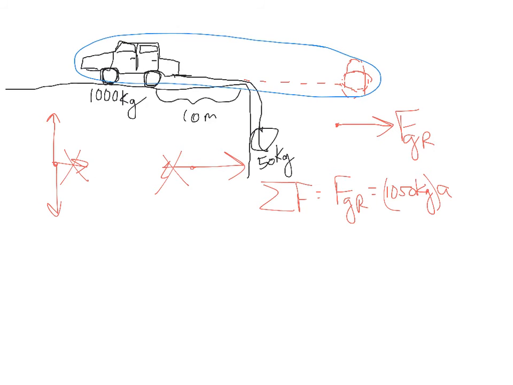Yes, it's the force of gravity on the rock, which is 500 newtons. So 500 newtons equals 1,050 kilograms times A. And A is 0.476 meters per second squared.